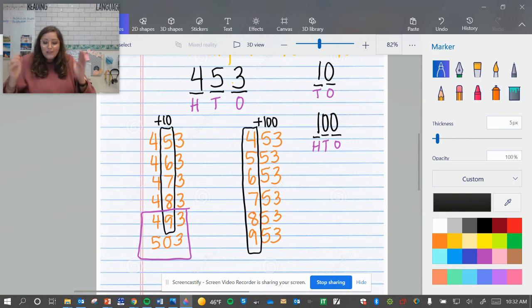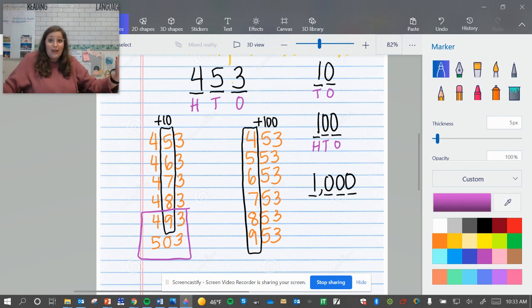1,000, okay? So now in the number 1,000, you can write 1,000 right here. And we're going to underline, and we're going to label. We have a new place, okay? We've got the thousands place. We're going to do T and then little h for the hundreds, capital T for tens, O for ones, okay?